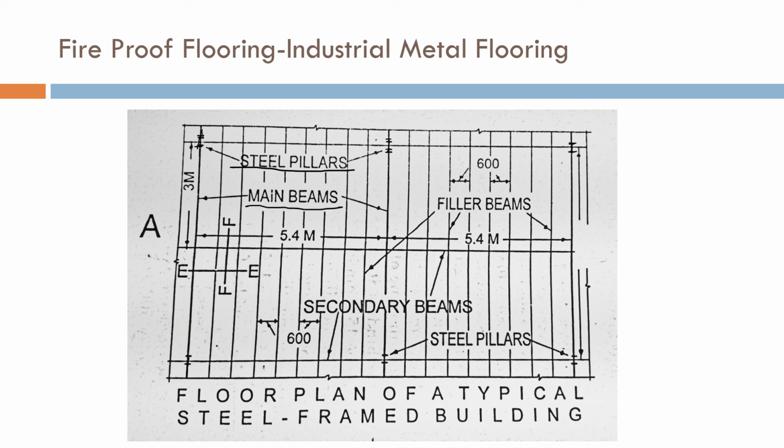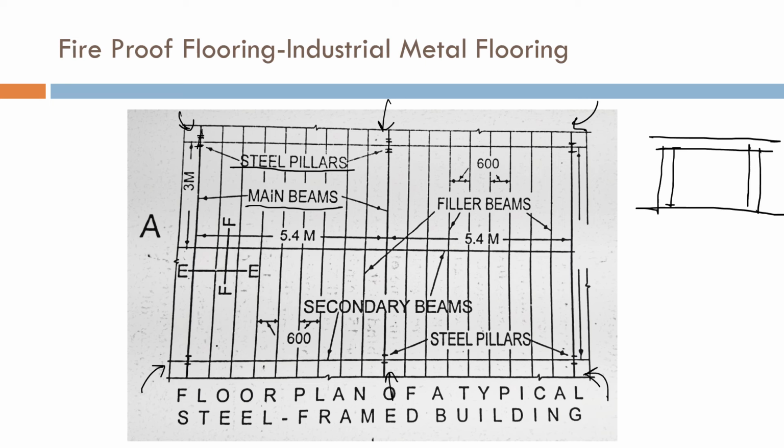So as you all know very well that wherever we have two columns, we put a beam over it, which completes the structure of the building. So that is the same thing that is happening here. These are the steel pillars, 1, 2 and 3, and similarly 3 here, and over them there are beams. Now these are the secondary beams which are placed here.